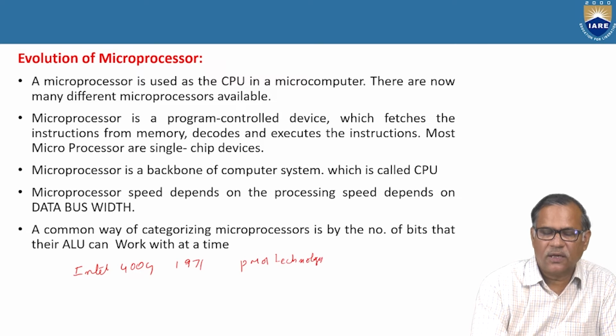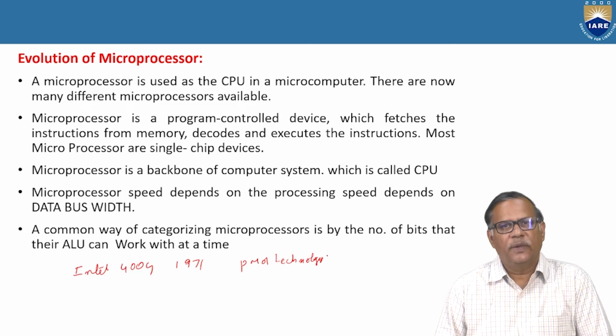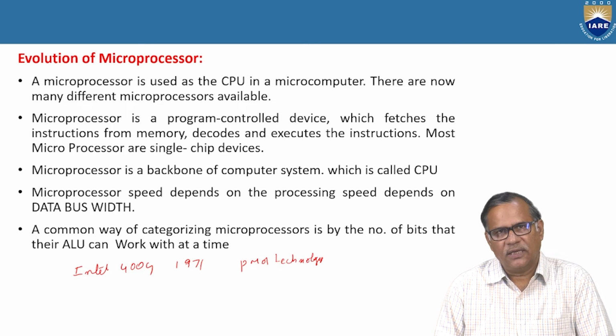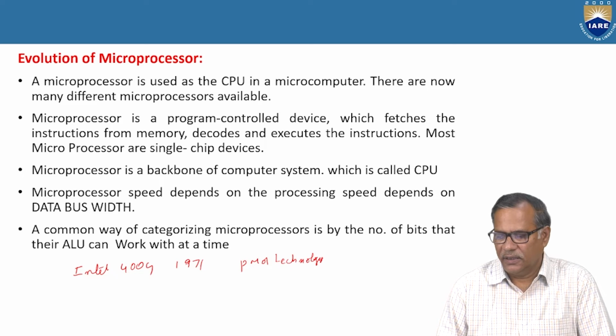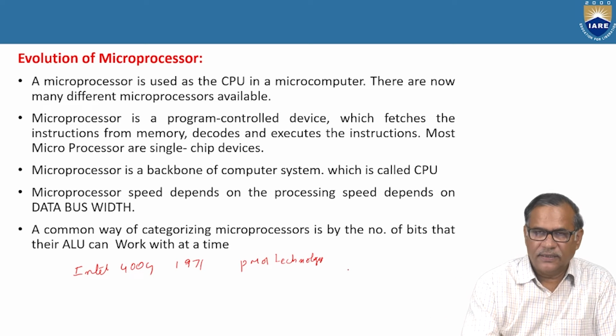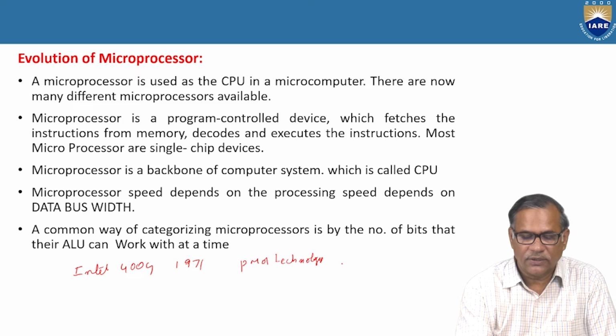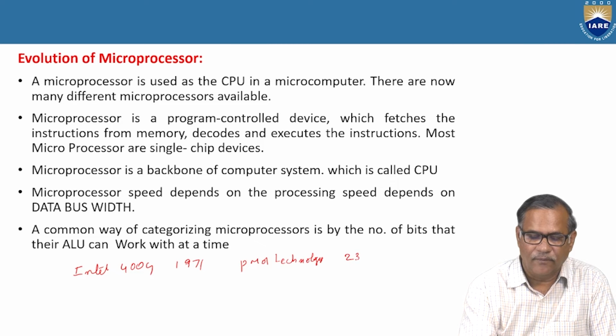MOSFETs are basically classified into P MOSFETs and N MOSFETs. In P MOSFETs, the majority charge carriers are holes, and in N MOSFETs, the majority charge carriers are electrons. And this contained approximately 2300 P MOSFETs.